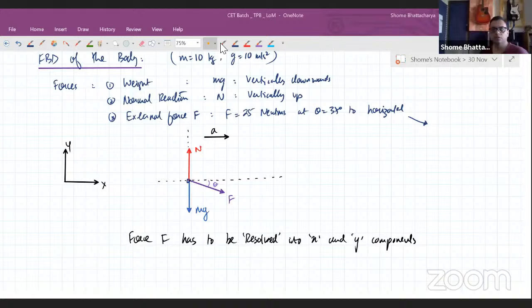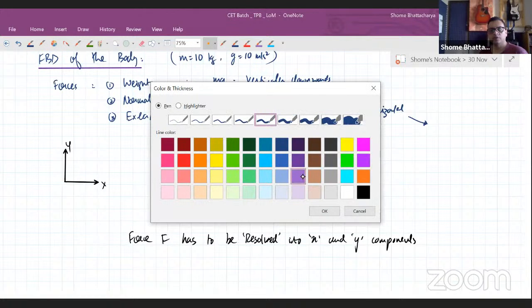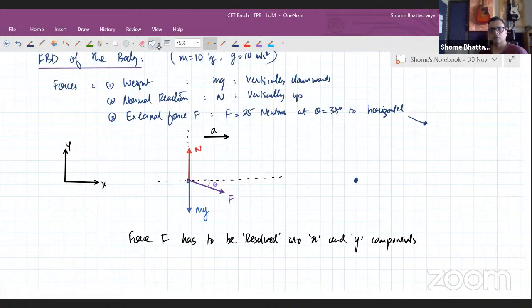Okay, so when you resolve F into components, you can see that this horizontal component of F will become F cos theta. The vertical component will become F sin theta.